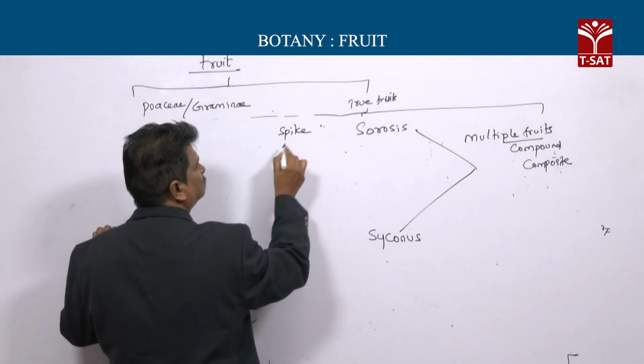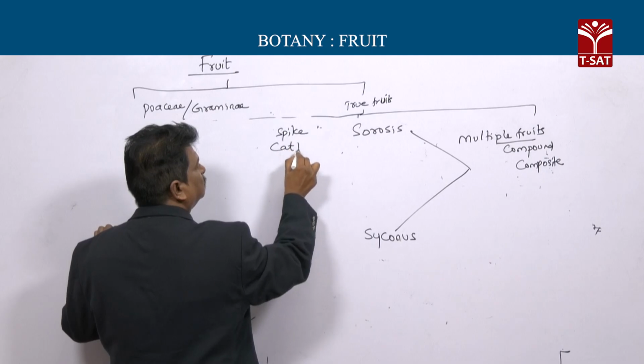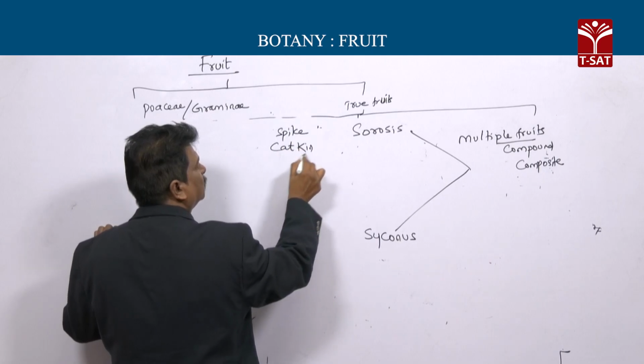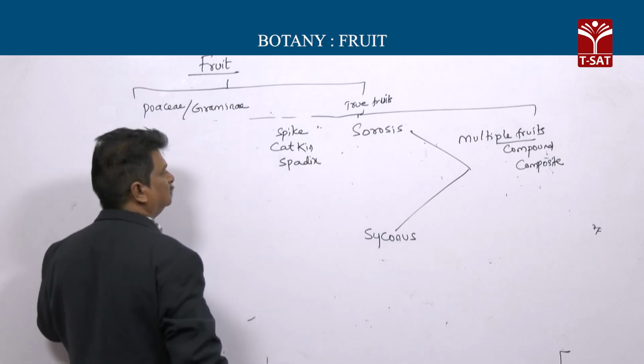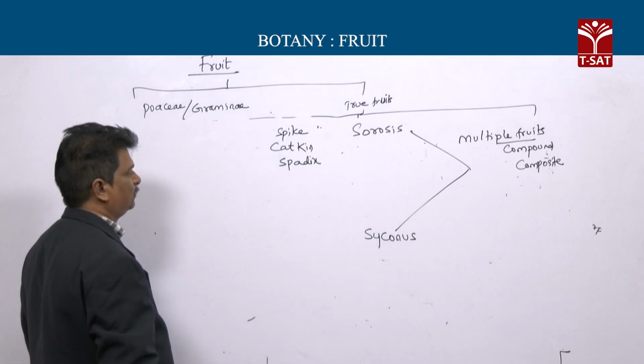Sorosis fruit develops from a spike, catkin or spadix inflorescence.